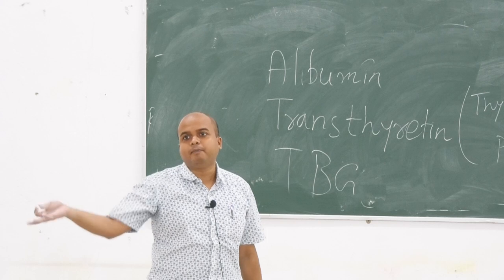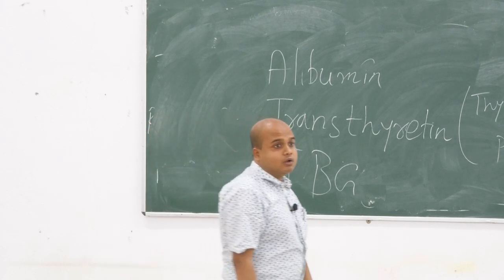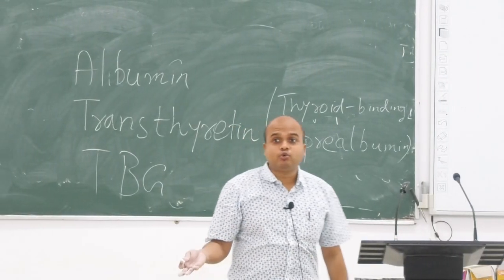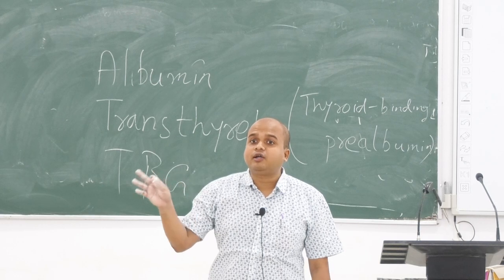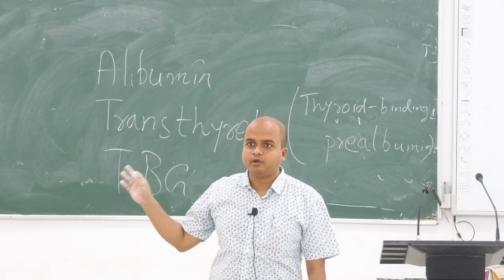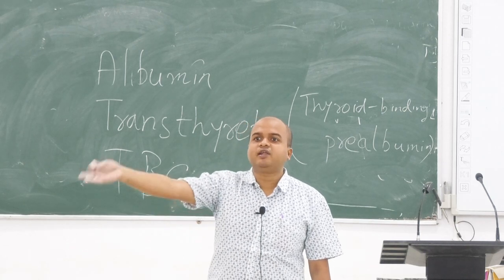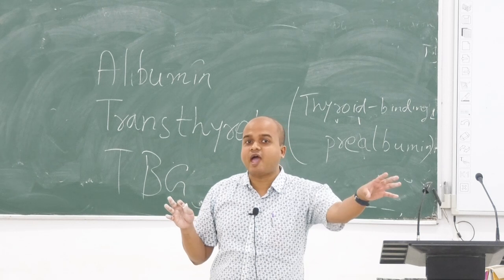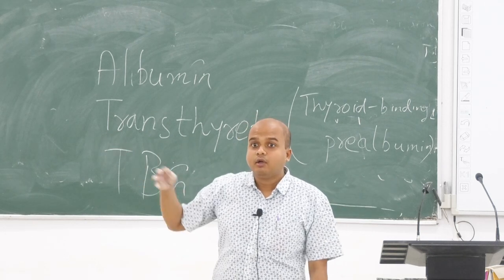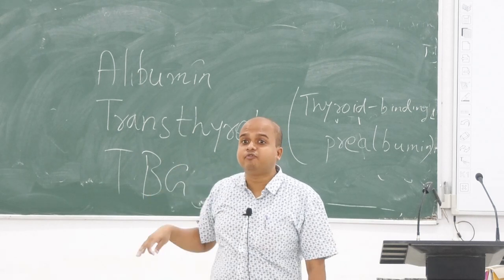The blood T4 will be bound to TBG. But which is more saturated? There is a difference. TBG has more affinity for T4 than the other two. But which of these is more saturated by T4?